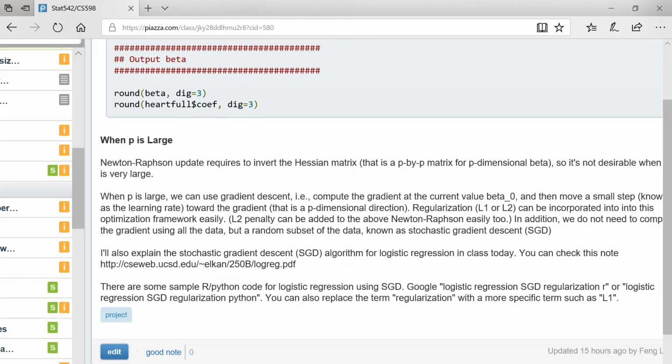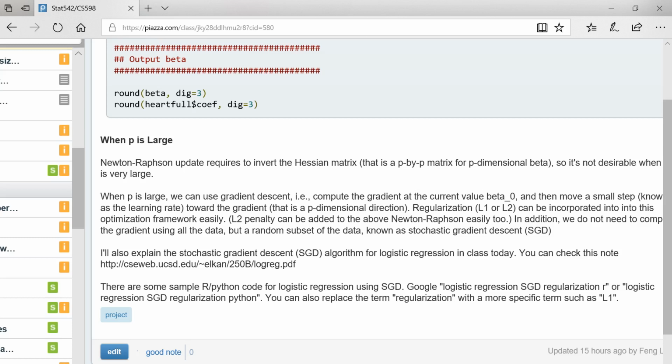But when P is really large, indeed you're going to have an issue, because Newton-Raphson involves inverting a P by P matrix. What you can do instead of using the second order approximation involving the Hessian matrix is just first order: you work with the log of the likelihood function to calculate the gradient, which is a p-dimensional vector, and move a small step along that gradient.